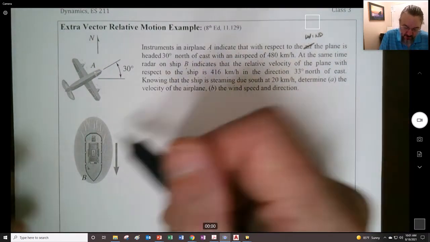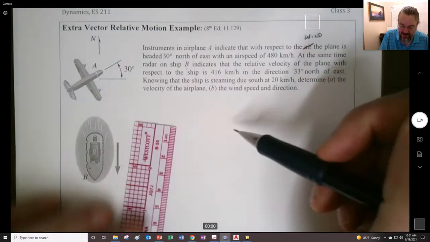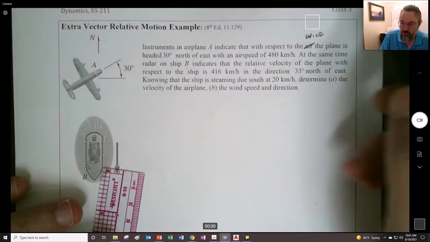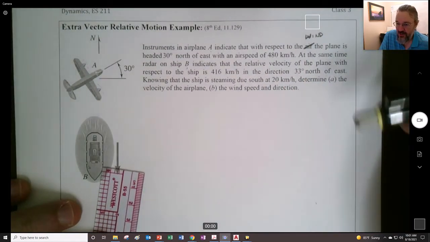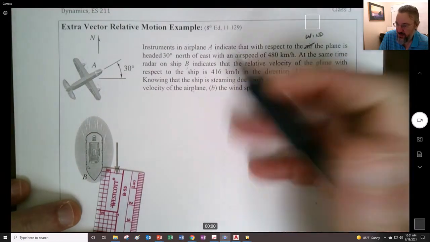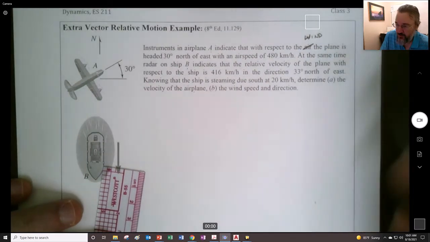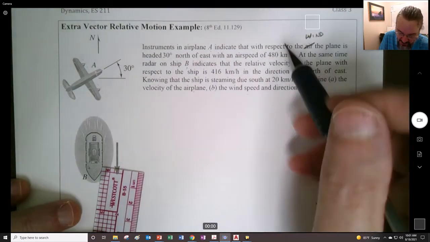What we want to find is the velocity of the airplane with respect to the world and the wind with respect to the world, as opposed to these other ones.